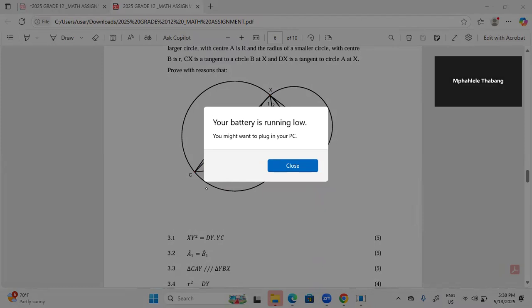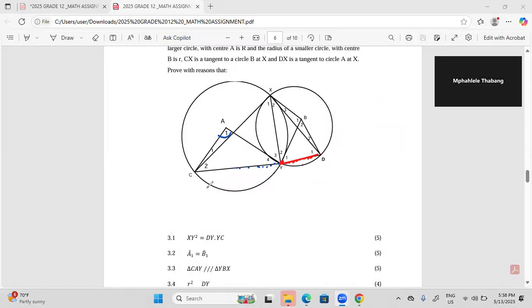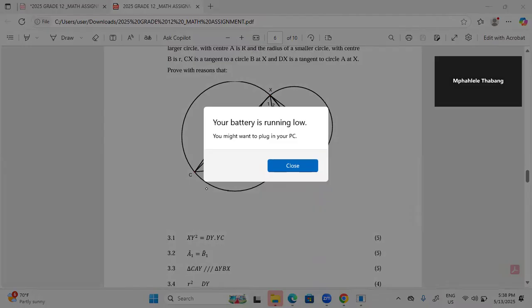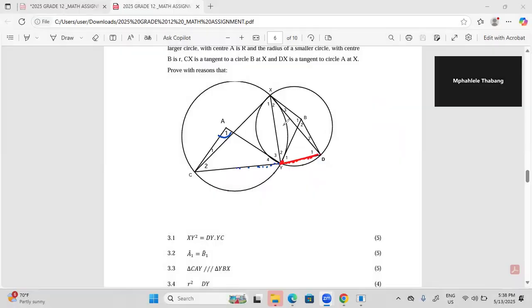I have to do this one, guys. This is so bad. What? I'm hoping it works.